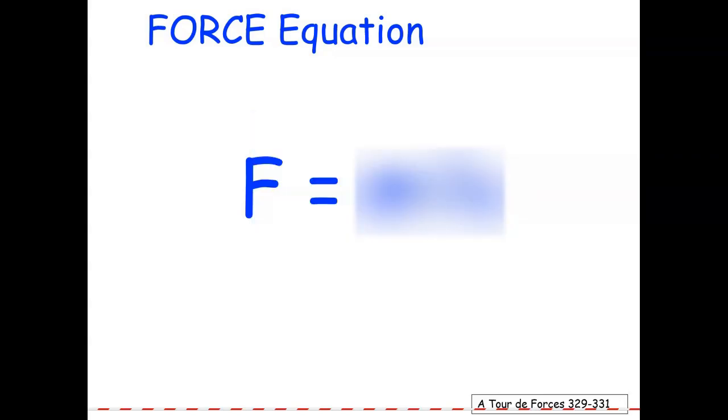And that velocity is speed plus direction. And we know that speed is distance per amount of time.